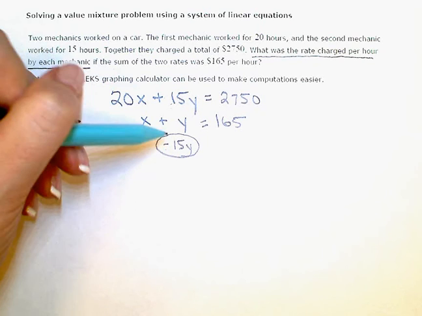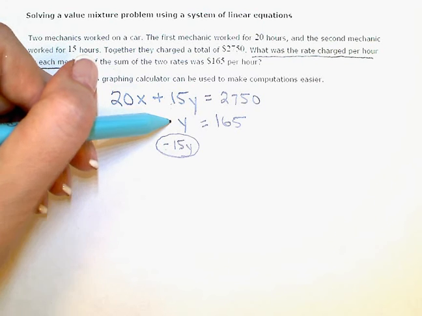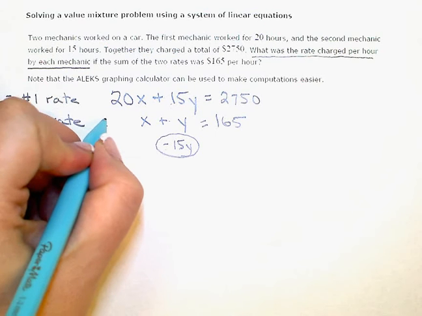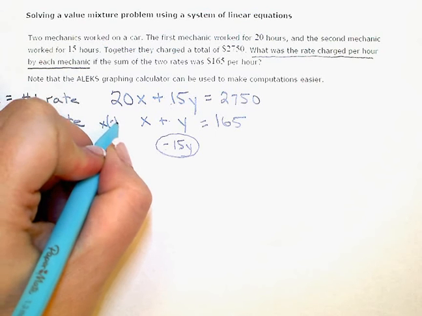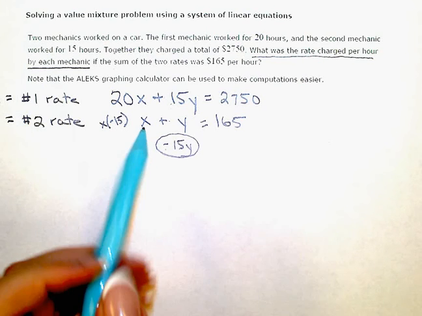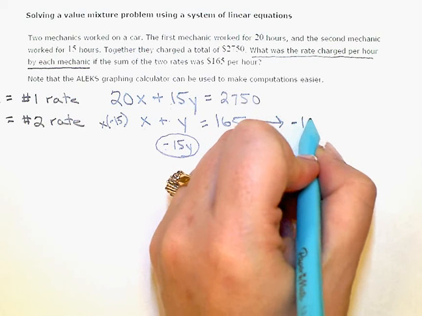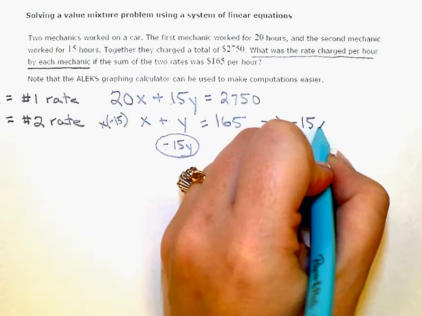So to get negative 15y here, I need to multiply this term by negative 15. But if I multiply the y term by negative 15, I have to multiply my entire bottom equation by negative 15. So negative 15 times x is going to change that term to negative 15x.